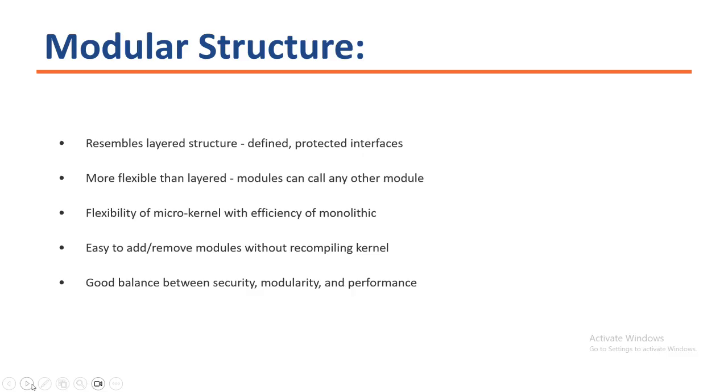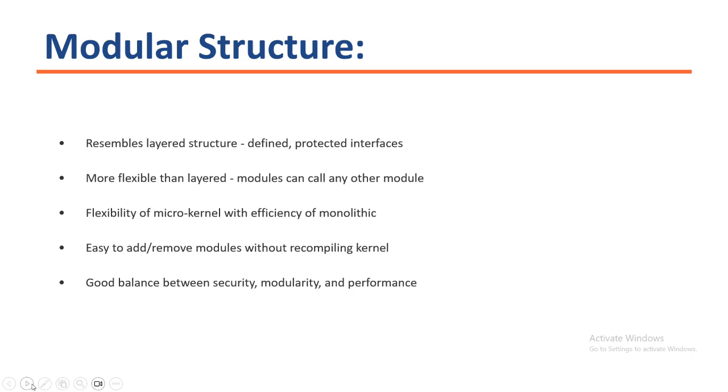Then, the flexibility of microkernel with the efficiency of monolithic. That means, this is the real selling point. Microkernel flexibility means it is easy to add or remove pieces since they are separate.